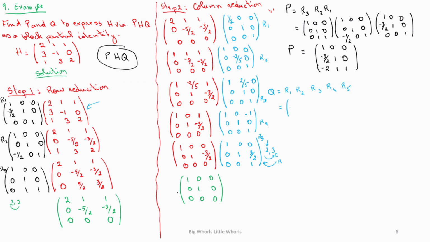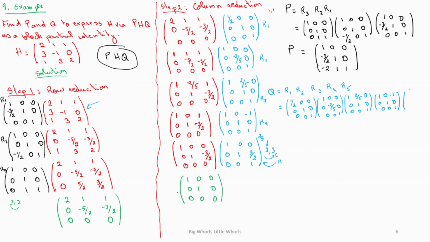The first matrix is a half 0 0, 0 1 0, 0 0 1, multiplied by the second matrix, 1 0 0, 0 minus 2 over 5 0, 0 0 1. The third matrix is 1 2 over 5 0, 0 1 0, 0 0 1, followed by 1 0 minus 1, 0 1 0, 0 0 1.